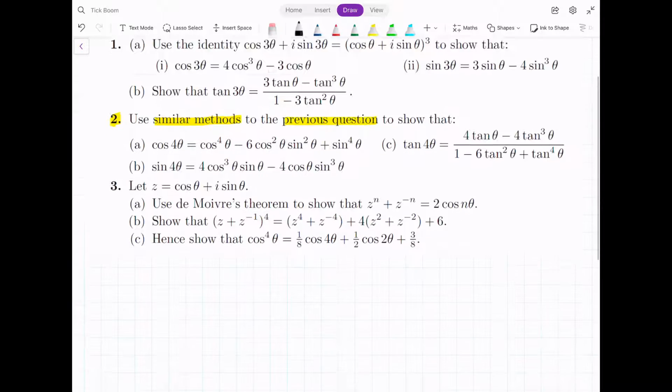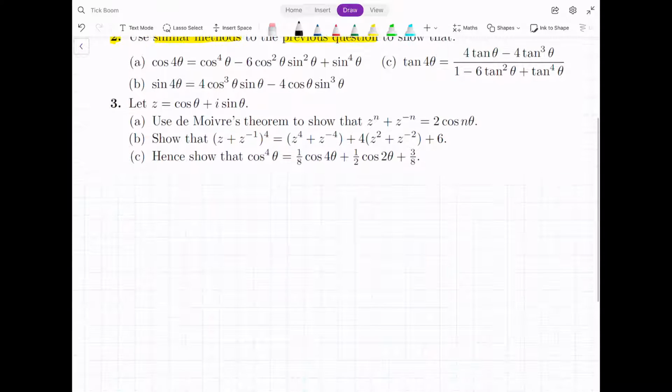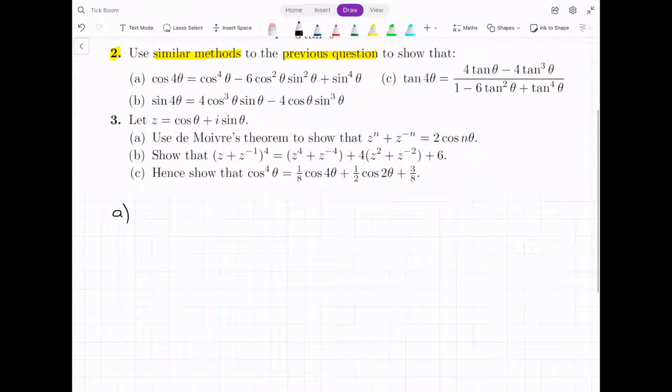So let's get going. We'll start with part A, and as I mentioned, we're really going to be making use of de Moivre's theorem with the angle in question being 4 theta.